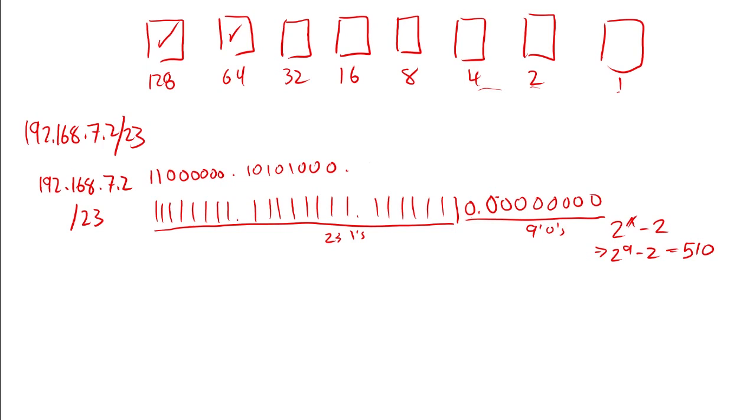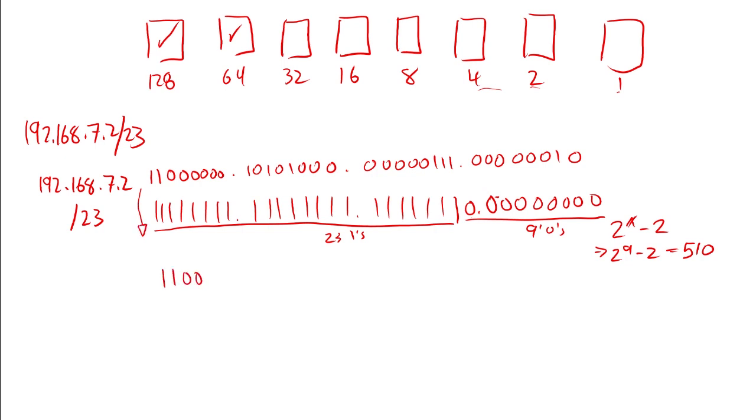So 00000111 dot 2, which is 00000010. Now, if I want to figure out the size of my network, again, anywhere there's a 1, I'm going to write down 1.